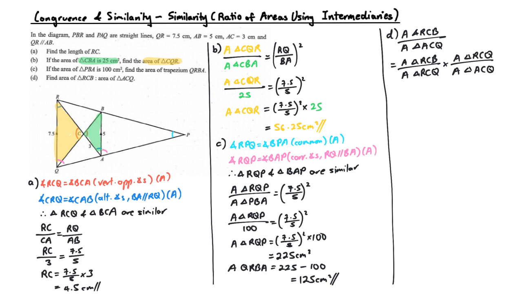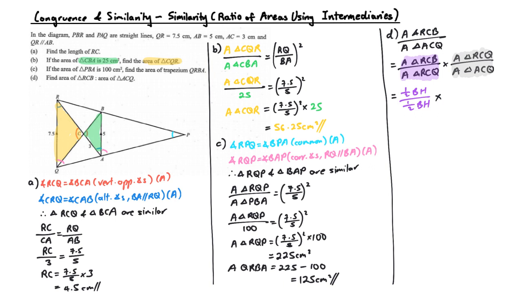Now, this relationship between these two is one of formula. So this formula is half base height over half base height, times the relationship of the next set, which is also one of formula.